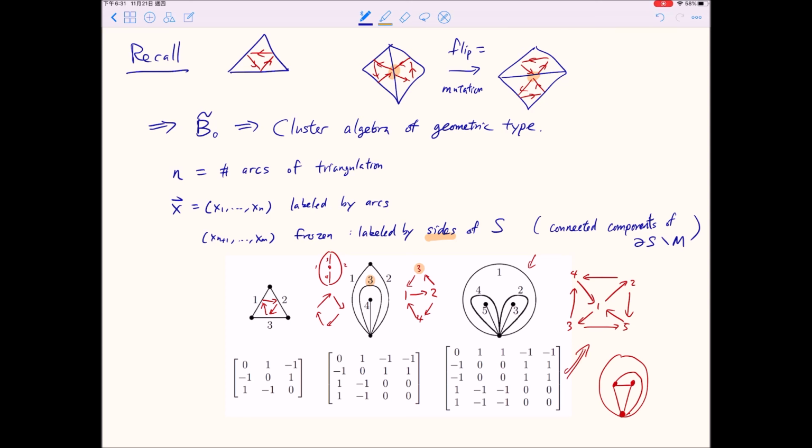So as a corollary of such an association, it is clear that our previous arc complex will be a subcomplex of the cluster complex of your algebra.